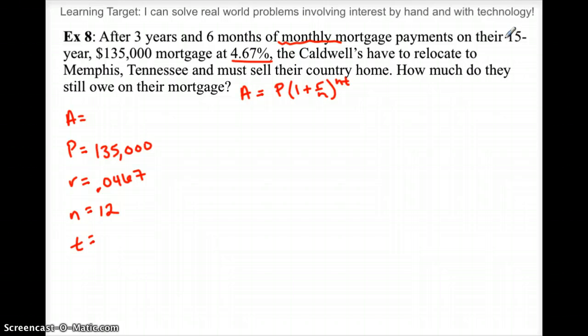Ask yourself, are these people staying there 15 years? No, they have to relocate. So that 15 means nothing because they're not staying there that long. So my time is 3 years and 6 months. But T is expressed in years, so that's 3.5 years. Make sure you use 3.5 as your T.